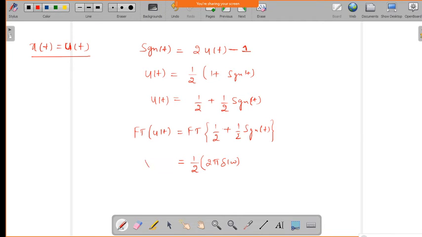So this is your X of j omega, the Fourier transform of u of t.